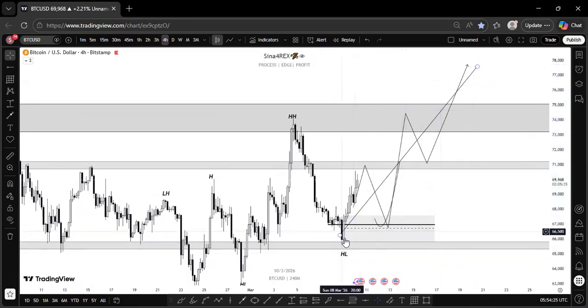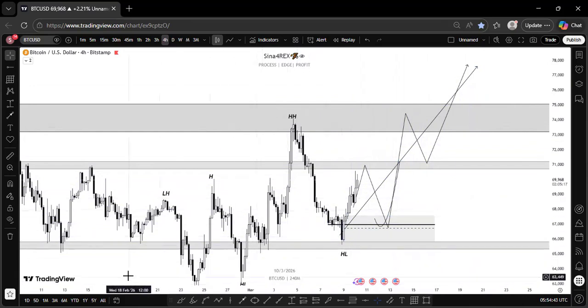Because if we are going to have an impulsive move on the higher time frame, we would be seeing higher highs, higher lows, higher highs, higher lows within the impulsive move on the lower time frame.